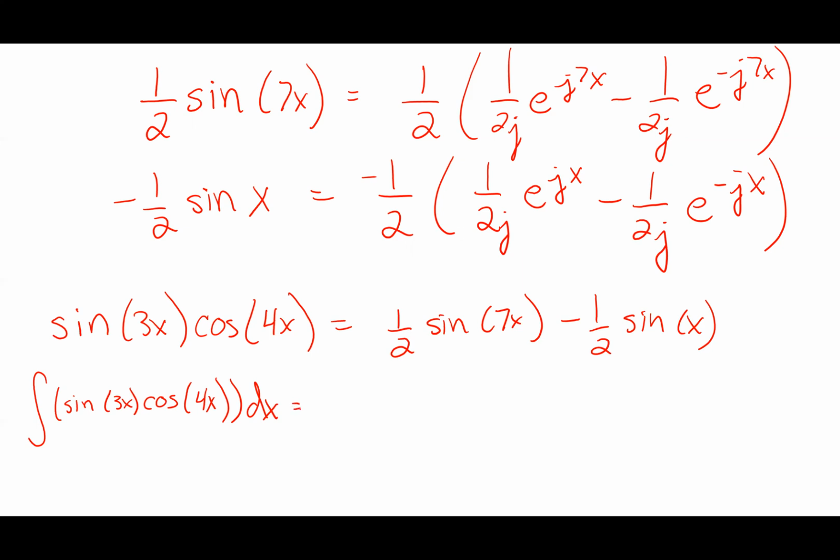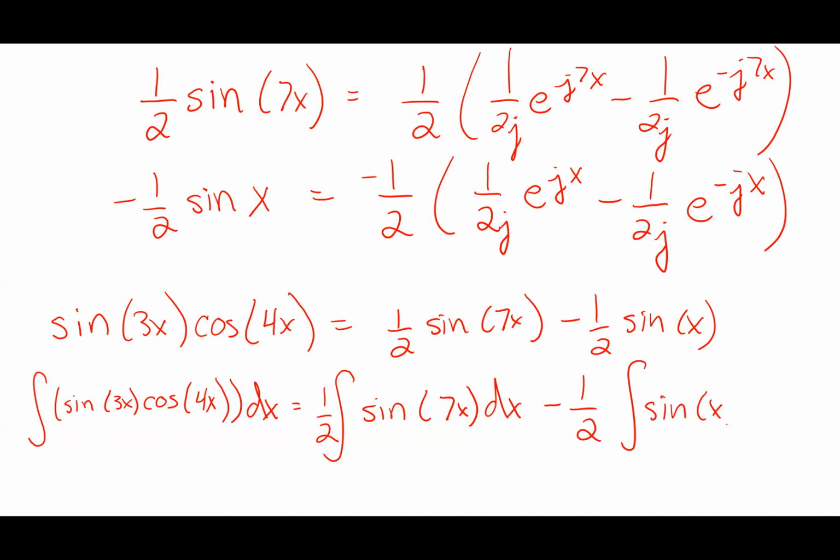That's saying this is the same as the integral of 1/2 sine of 7x dx minus 1/2 the integral of sine of x dx. And then it's pretty straightforward from there. You should know the integral of sine and cosine.